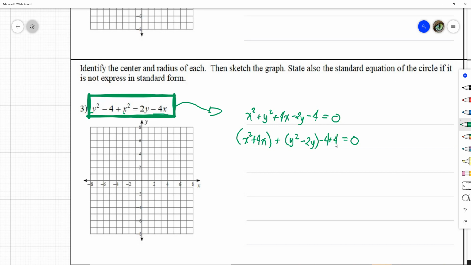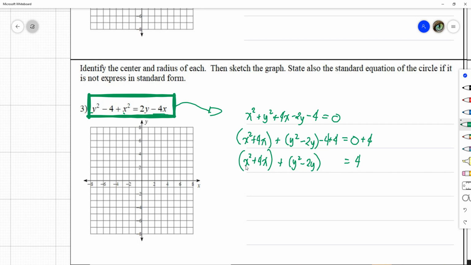Whatever you added on the left side would be added to the right side. So here we have x squared plus 4x, this is one group, plus y squared minus 2y, another group. This is equal to 4 because 0 plus 4 equals 4. Negative 4 plus 4 equals 0.